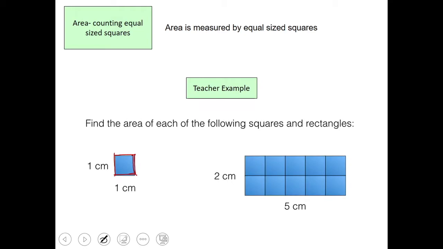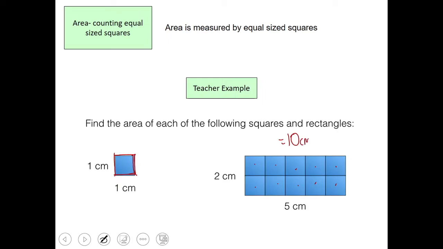We're going to put this square into the rectangle and see how many squares we have. So we've got 1, 2, 3, 4, 5, 6, 7, 8, 9, 10. So we've got 10 squares that are in this box. So the answer to the question, which is work out the area of this rectangle, will be 10.